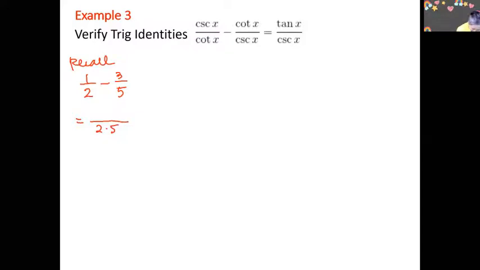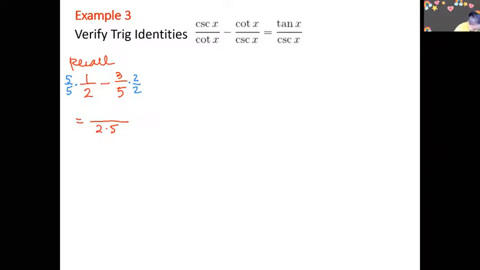But in order to do that, we have to multiply the first fraction by 5 over 5, and the second fraction by 2 over 2. This is just the normal way for us to manipulate two fractions that have different denominators, right?